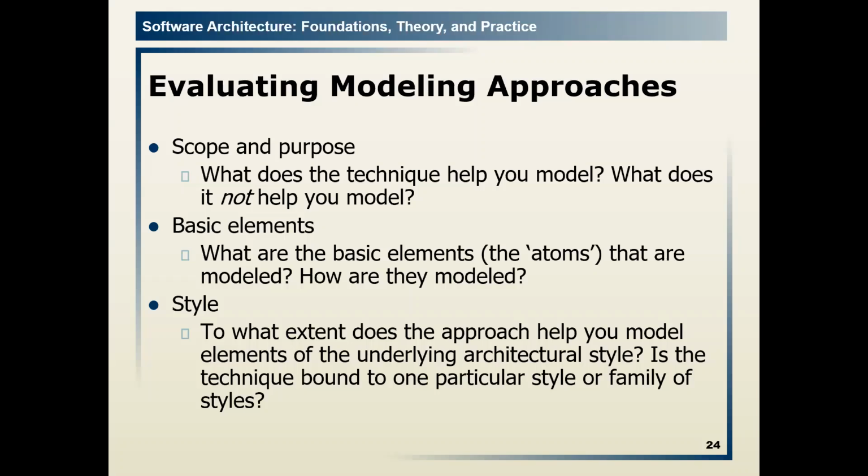And is the technique bound to one particular style or family of styles? Sometimes, say UML is very universal. So there are some UML diagrams you can include in any of the architectural styles. But some particular diagrams you only require for certain types of architectural styles.